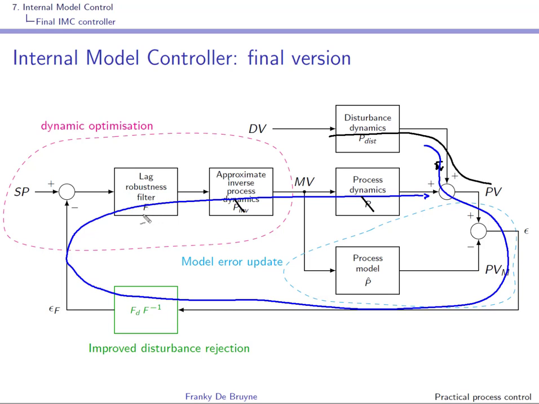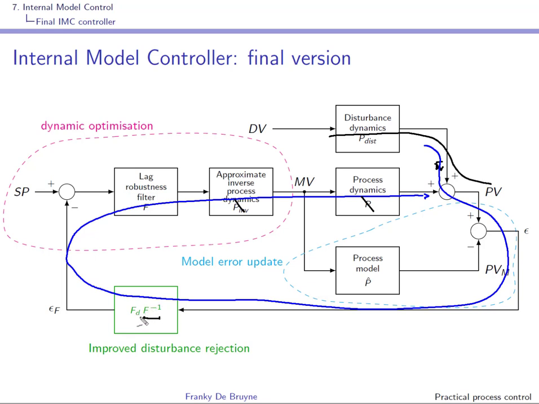So we still have this filter F, right? So to have a loop gain here in this part in blue of 1, what we should do is invert the filter that you have over here. But this filter is a lag filter, so of course this is not possible because we would have something that is not proper.